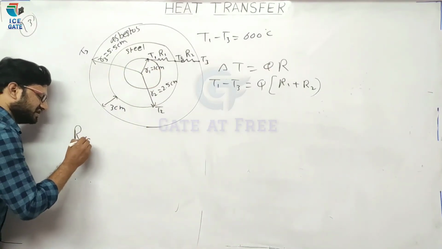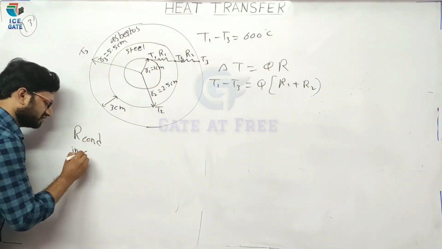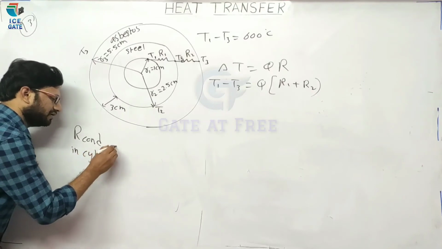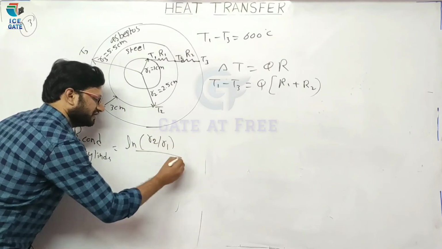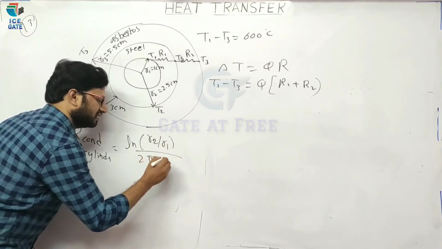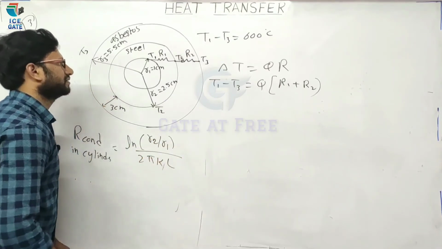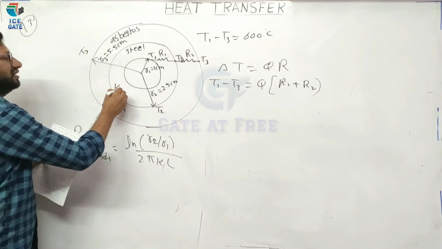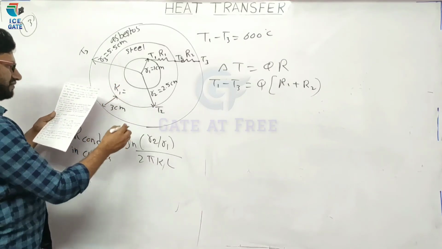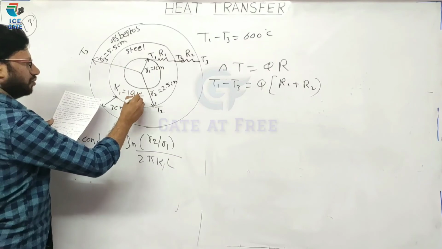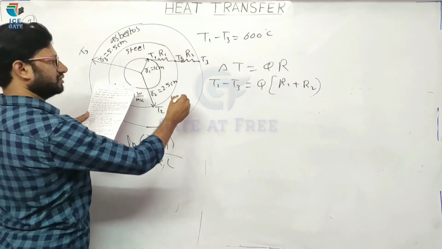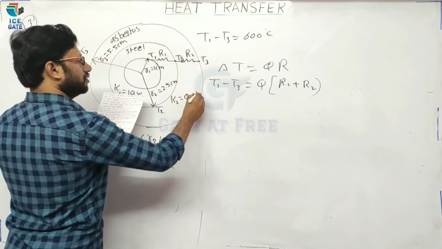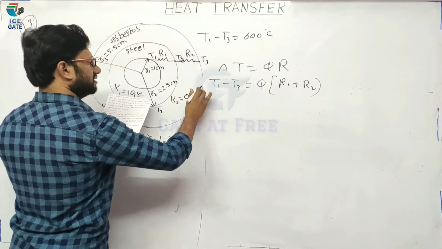The conductive resistance in a cylinder, what is the formula? Ln R2 by R1 divided by 2 pi K L. The thermal conductivity of steel, say K1, is equal to 19 watt per meter Kelvin, and the thermal conductivity of asbestos is given as 0.2 watt per meter Kelvin.